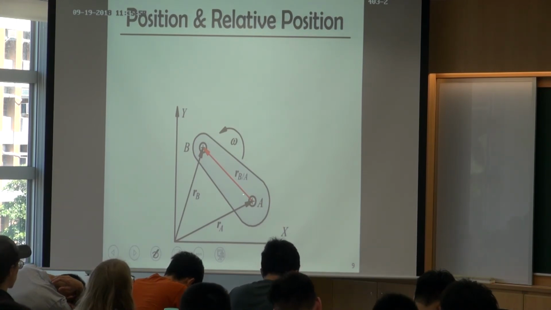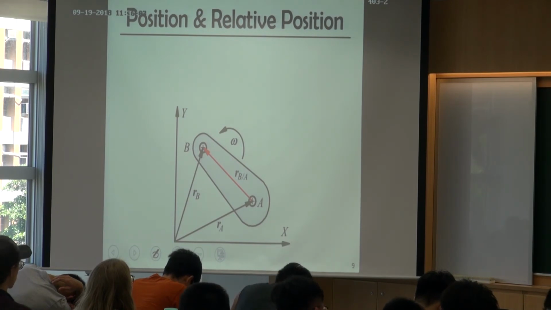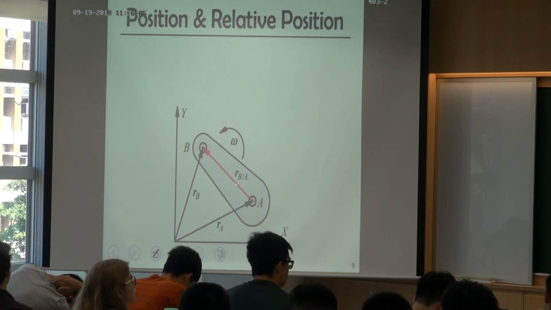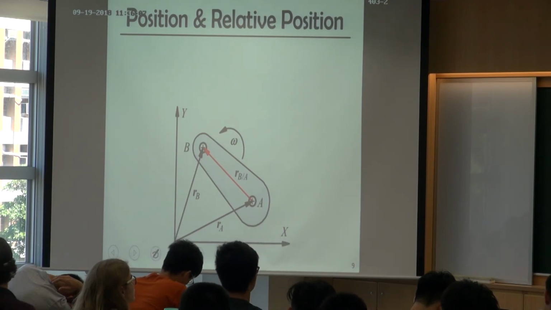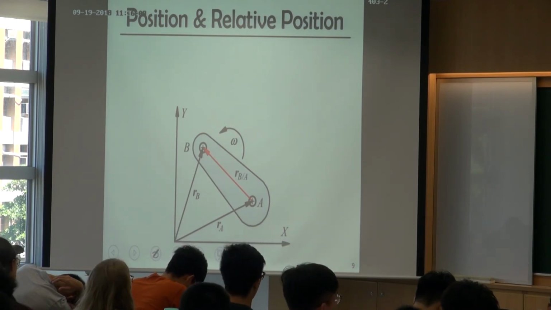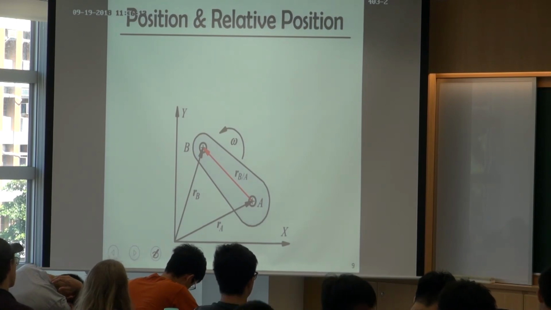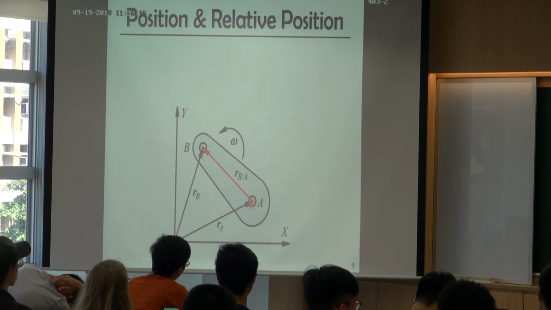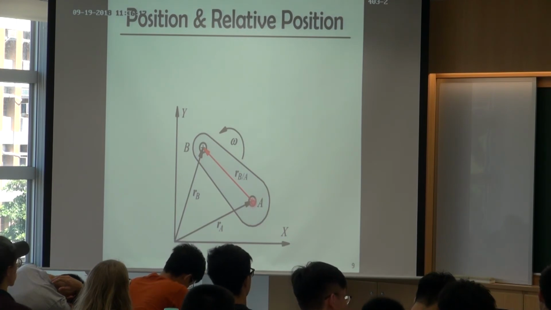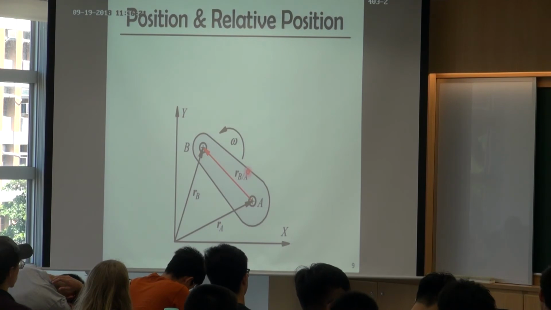So this arrow is pointing from the origin to point B, and we call this RB/A.